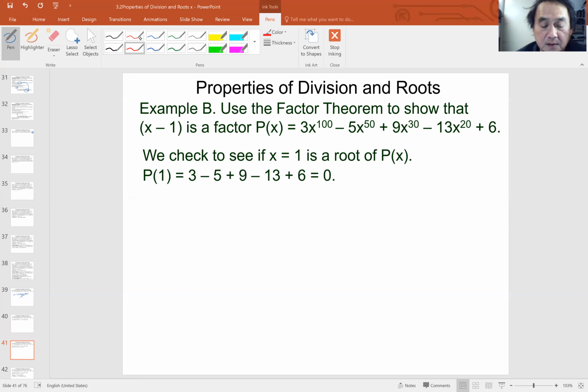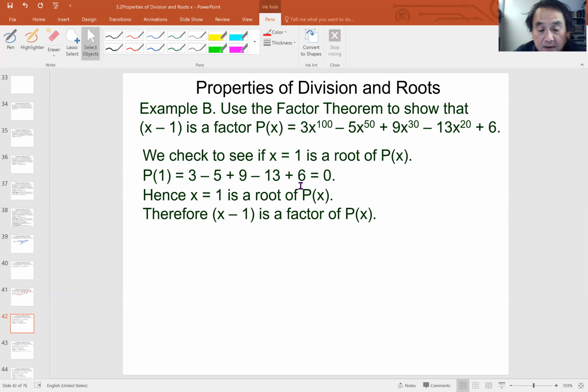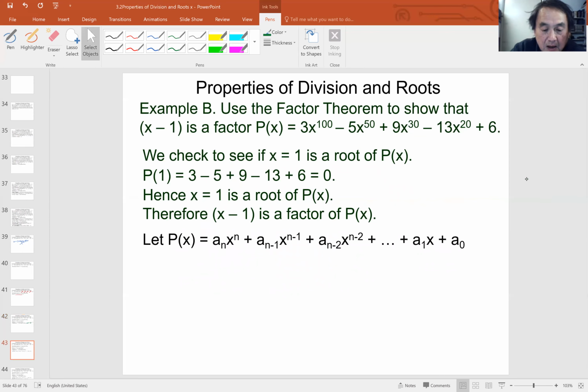In particular, plugging in 1 into a polynomial is very simple. When I put in 1, all the x's turn into 1, and the only things left are the coefficients. So plugging in 1, this becomes 0, so r is 0. Therefore, x minus 1 is a factor. So p of x is equal to x minus 1 times some other, really long polynomial.